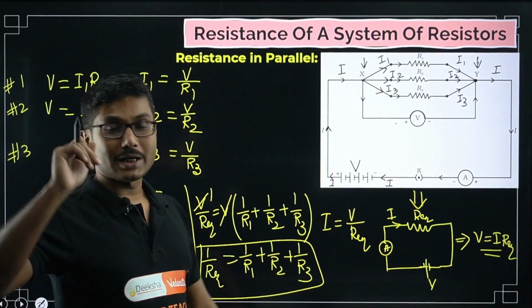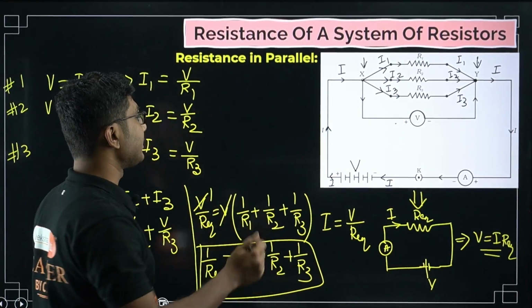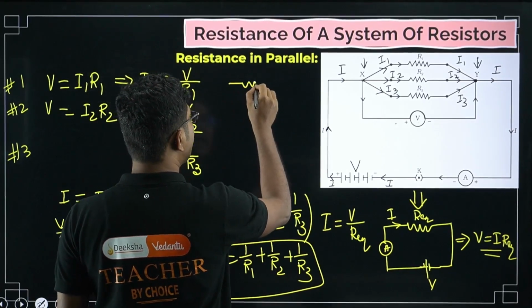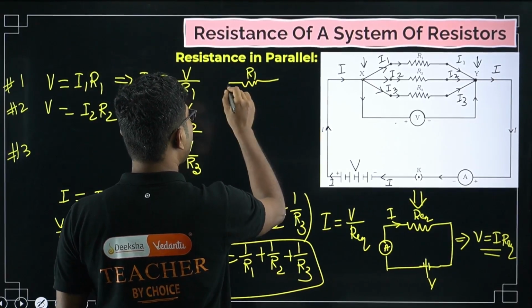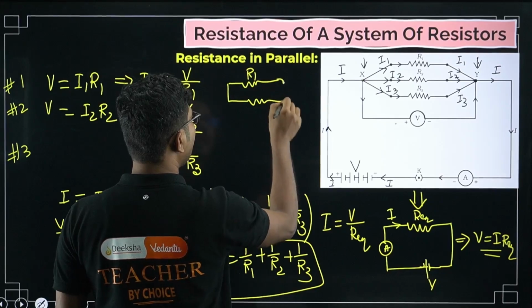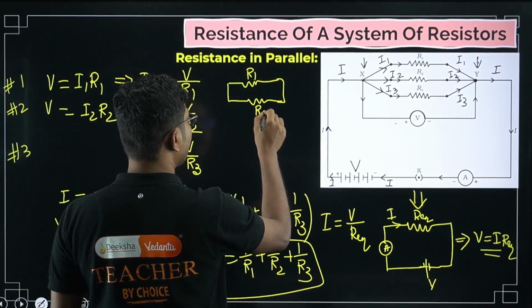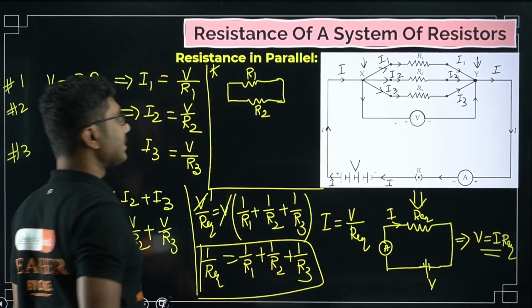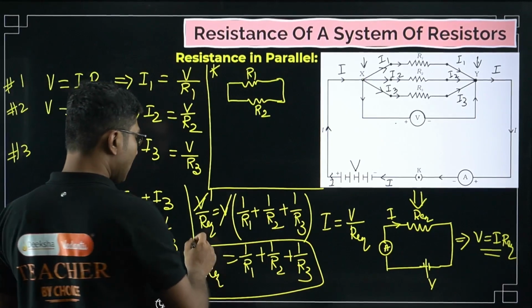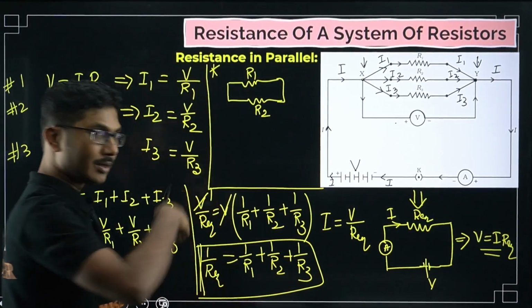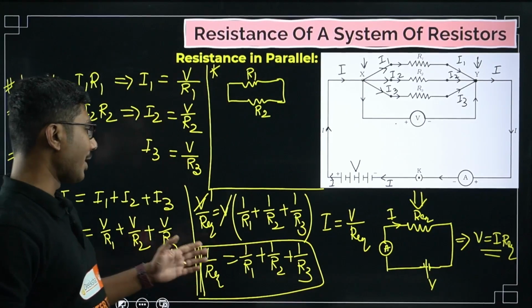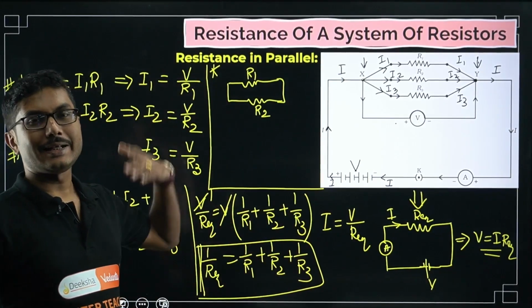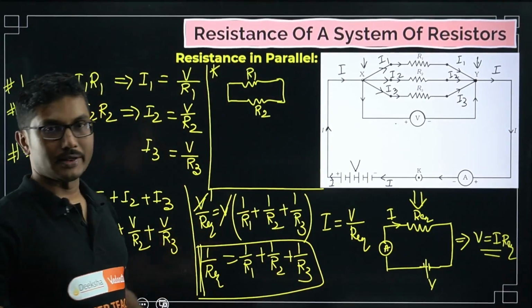But there is a shortcut for 2 resistances in parallel. If 2 resistances, say R1 and R2, are connected in parallel, there is a special shortcut formula. Remember that here you are calculating 1 by R equivalent, so you have to add them, then again take a reciprocal to find the actual value.